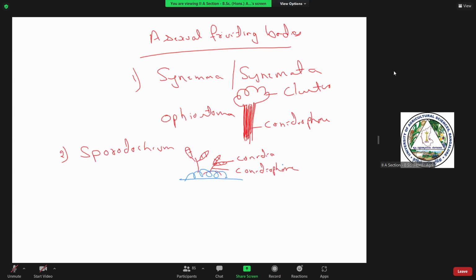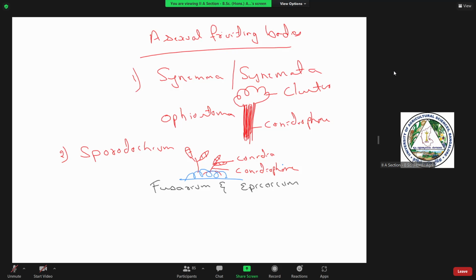This type of fruiting body is seen in Fusarium and Epicoccum, two important genera that produce the sporodochium as a fruiting body.